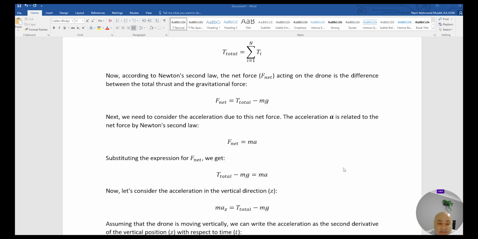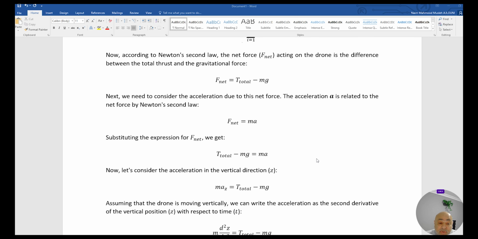Now, if we consider the acceleration in the z direction, we can write our equation as m times the acceleration in the z direction equals total thrust minus mass times acceleration due to gravity.